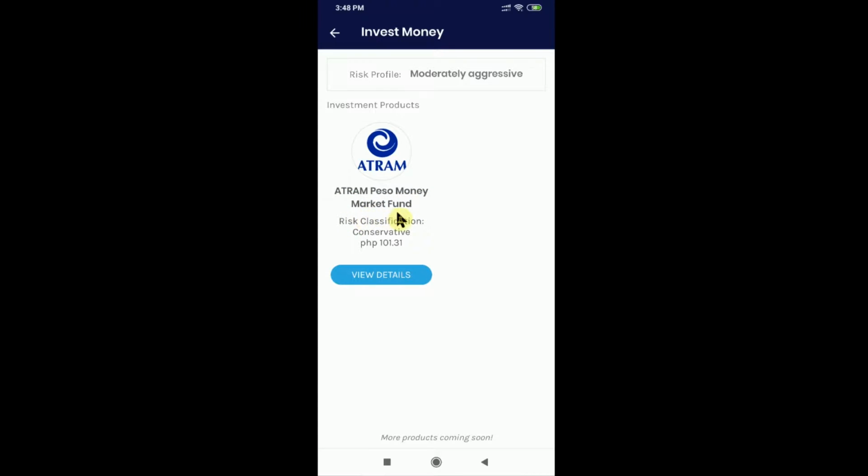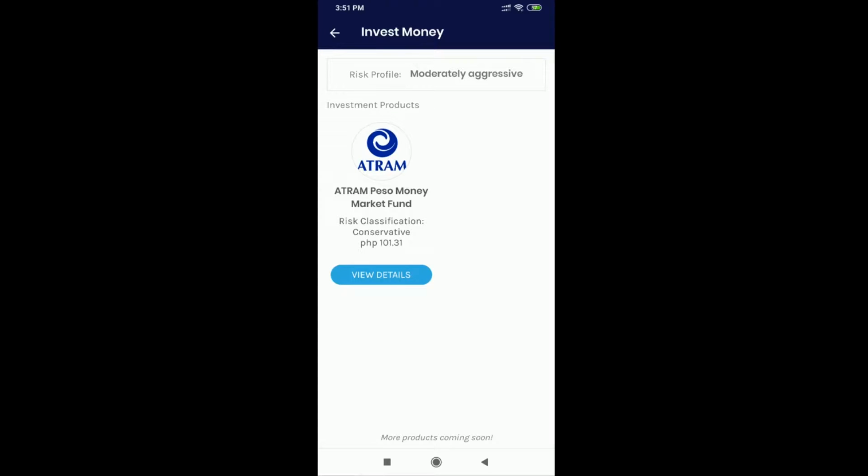Peso money market fund is a kind of mutual fund that invests only in highly liquid instruments issued in Philippine peso currency, such as cash, cash equivalent securities, and high credit rating debt-based security with a short-term maturity, normally less than 13 months.